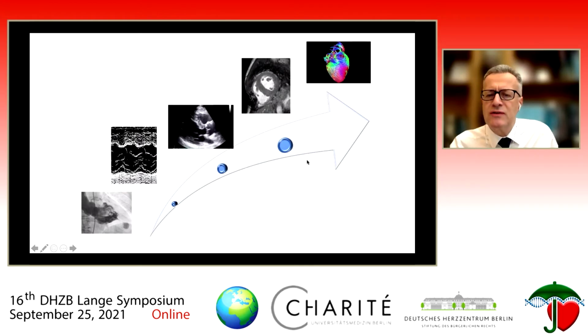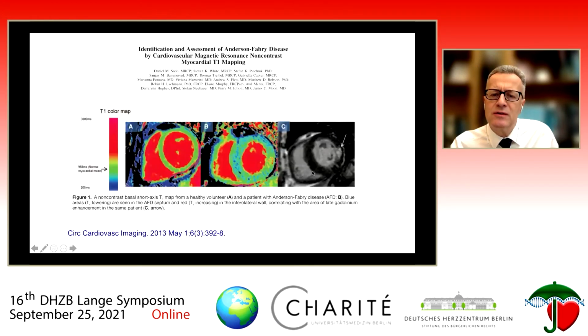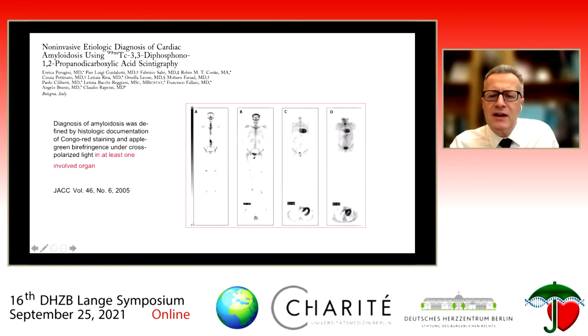We take pictures of the heart and we make a clinical diagnosis. And we continue to refine that such that we can get closer to a tissue diagnosis non-invasively, in this case using MRI to diagnose Fabry's disease, or using nuclear techniques such as bone scintigraphy to diagnose amyloidosis.